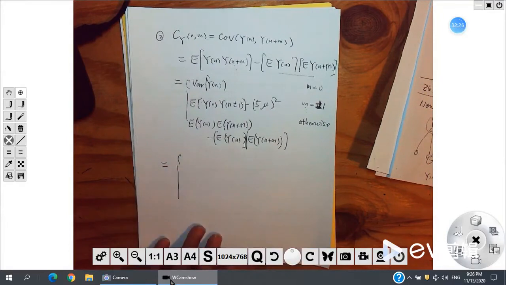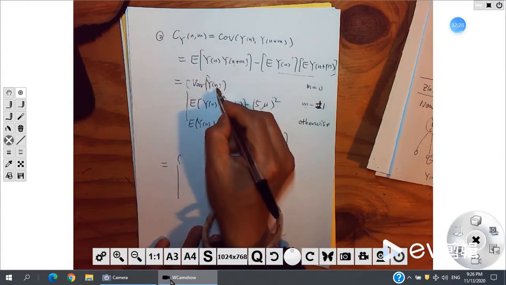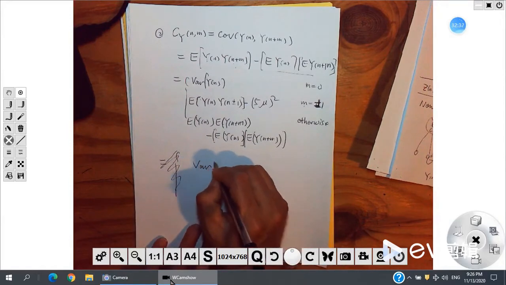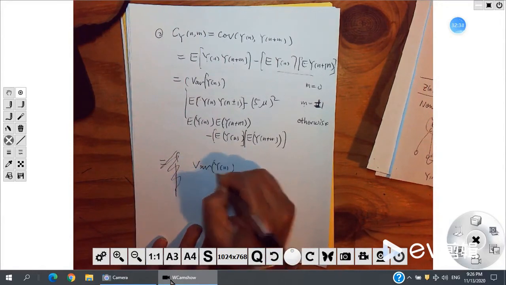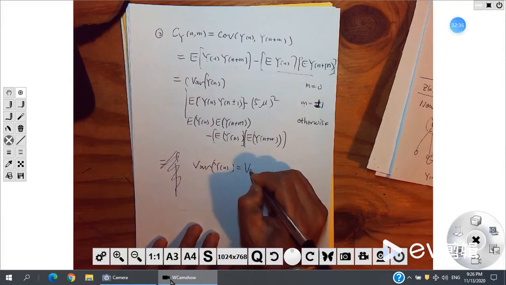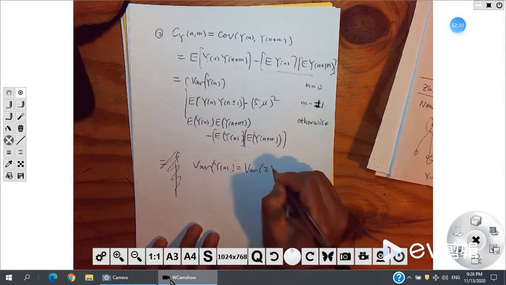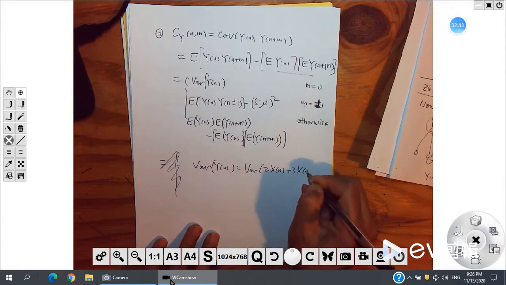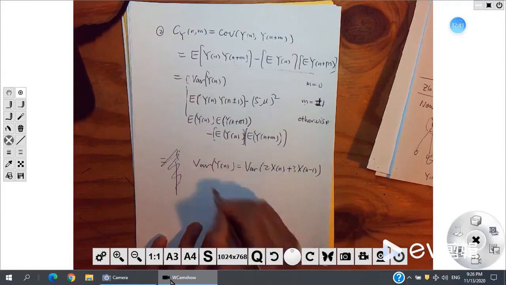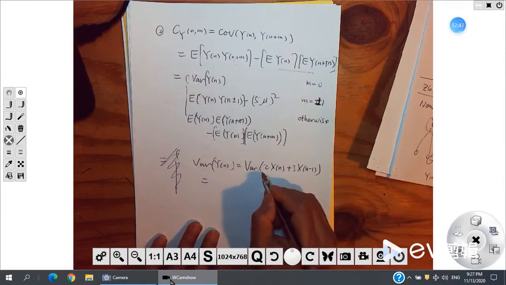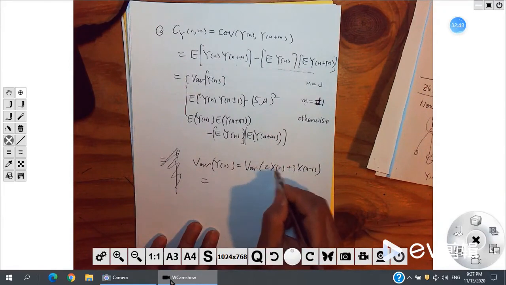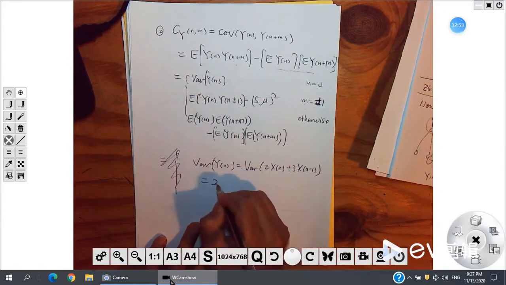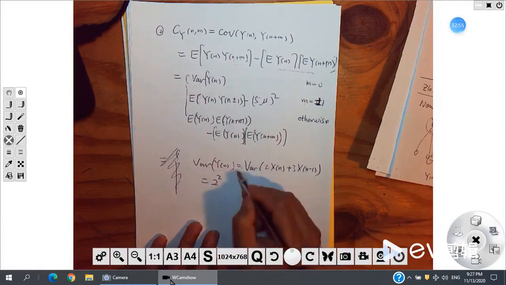What is the variance of y of n? I will do some calculation. Variance of y of n is the variance of 2x of n plus 3x of n minus 1. I can move 2 outside, but for variance I need 2 squared. When you move a constant outside, you need a square.